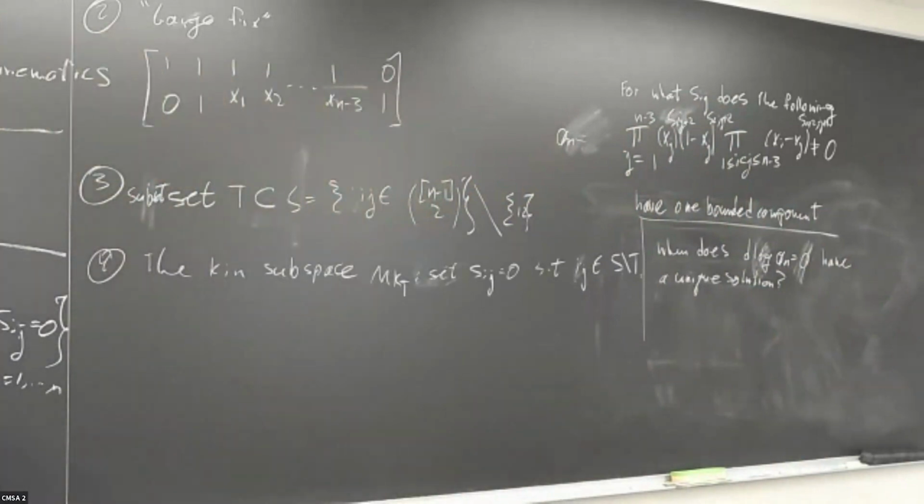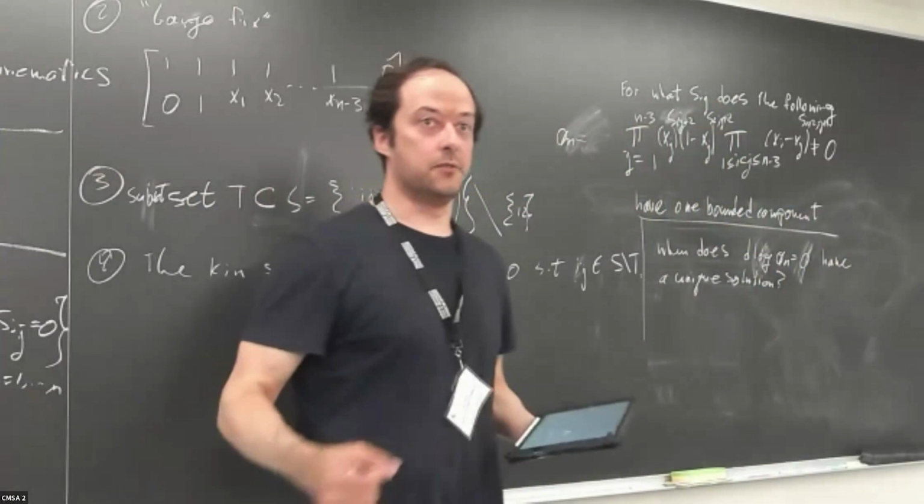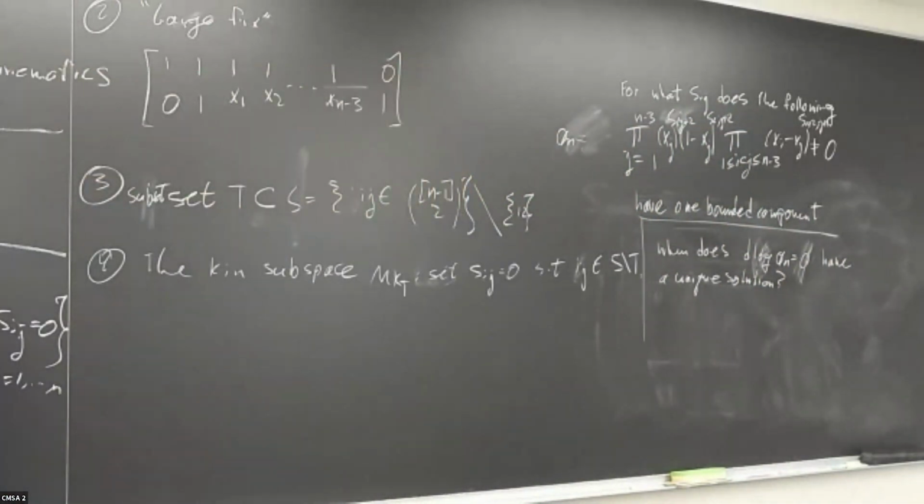Just to clarify, it doesn't matter if S_ij equals 2 or 3, just whether it's 0 or non-zero. But if it's non-zero, we'll assume that it's generic. If you take the S_ij's to be non-generic, then things could get a little weirder, so we'll assume them to be generic.